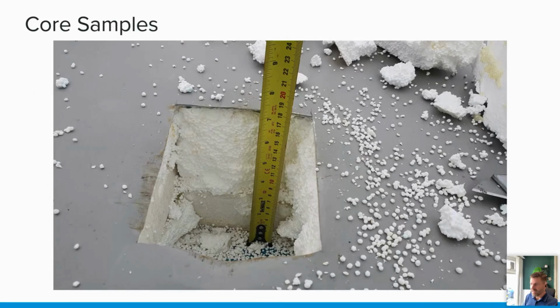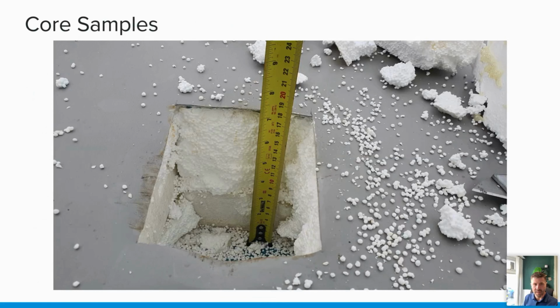Take a measurement. We always need to take a measurement of the insulation. You can see that's quite thick in this area, 170, 180 millimeters. So then we'll say to ourselves, well, that is quite thick, so is it tapered insulation on this? There are a couple of ways of determining whether it is.